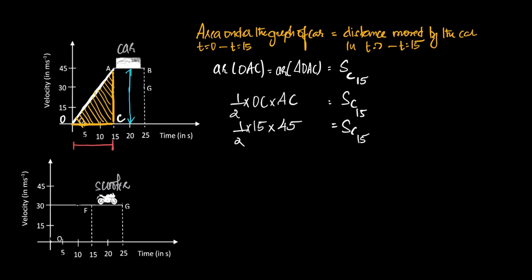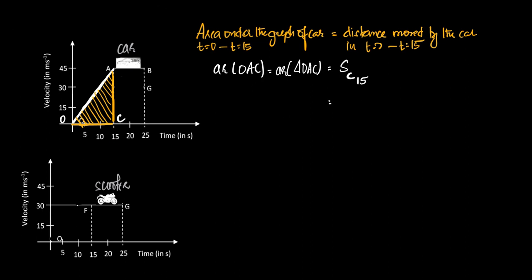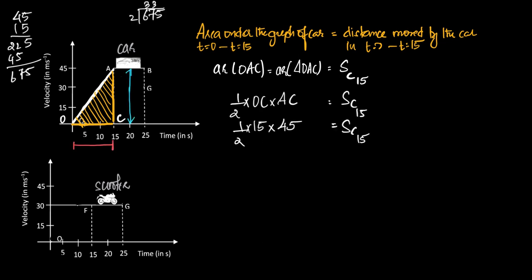Now 45 into 15: 5 fives are 25, 5 fours are 20 plus 2 is 22, so we get 675. Then 675 by 2 gives us 337.5.